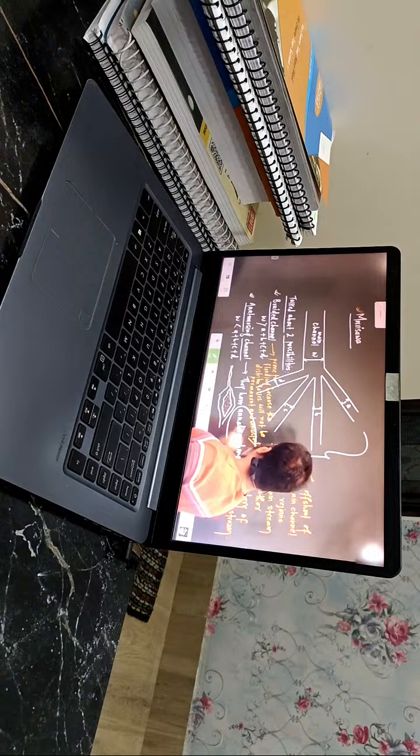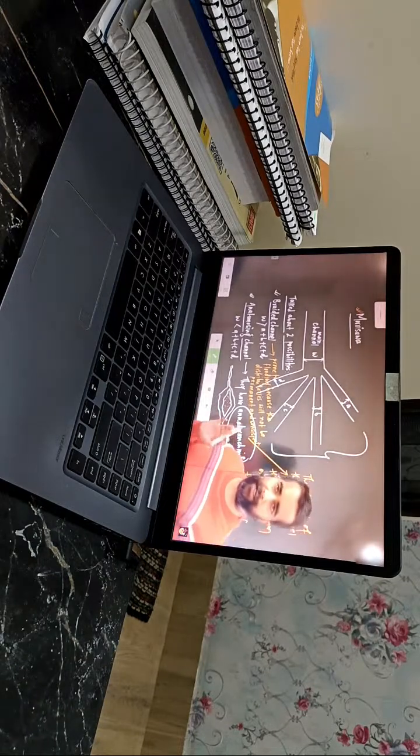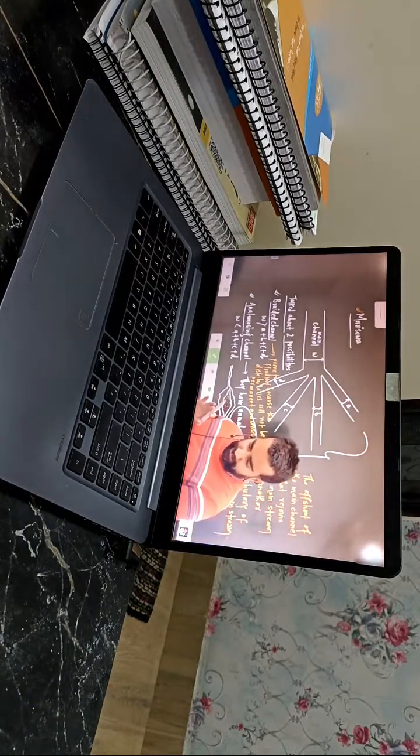Okay, this was observation which was made by Morisawa. ये हमारा observation नहीं है, ये Morisawa ने कहा है. ठीक है.